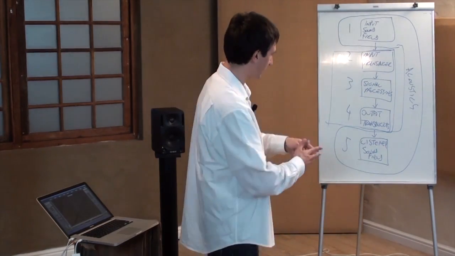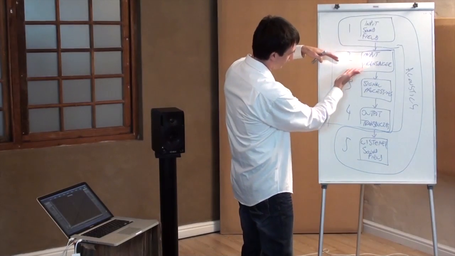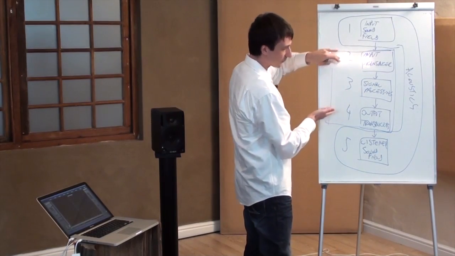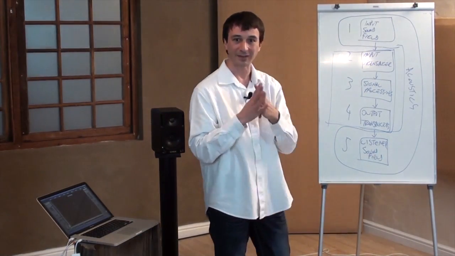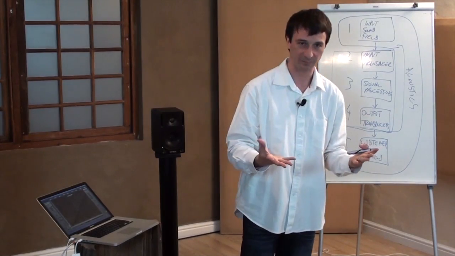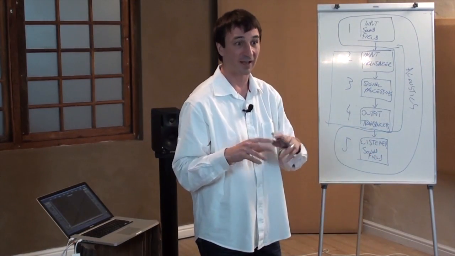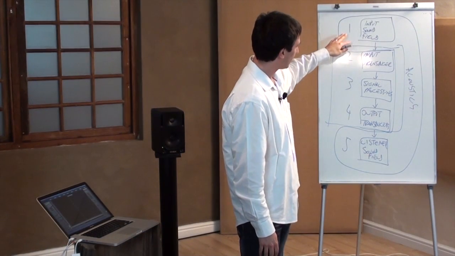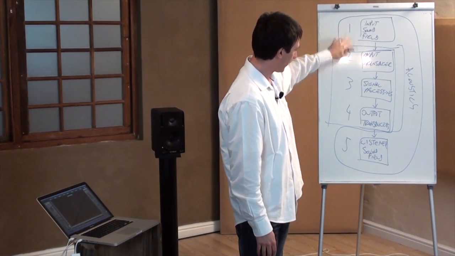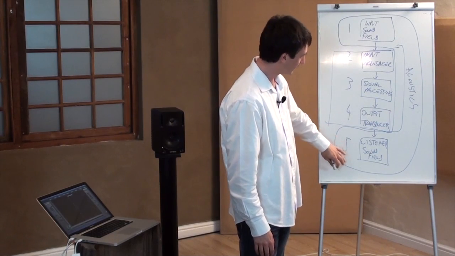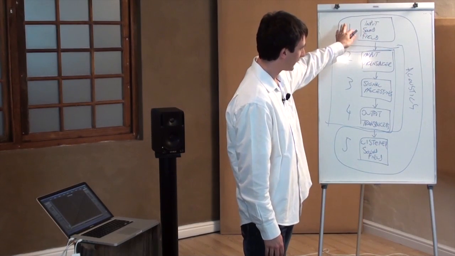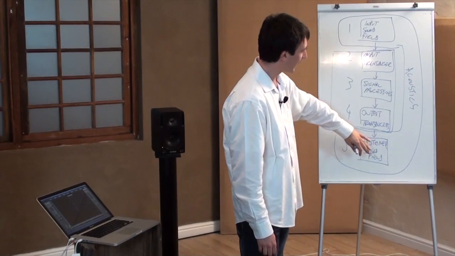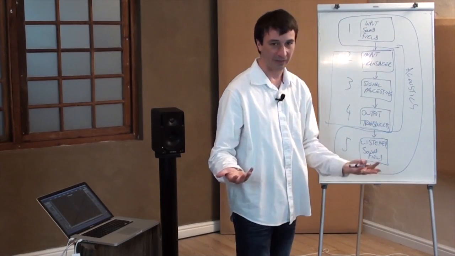A sound system is this one: input transducers, signal processing, output transducers. That's what a sound system is. Okay? Just from a conceptual, architectural point of view. Blocks 1 and 5 are still part of the sound production, but they are part of another domain.